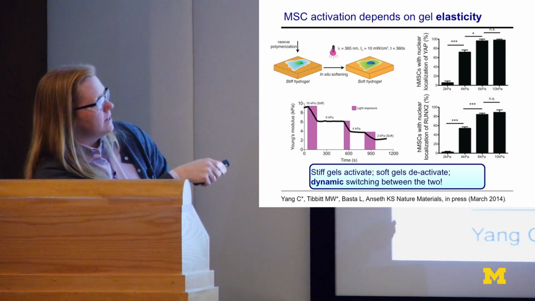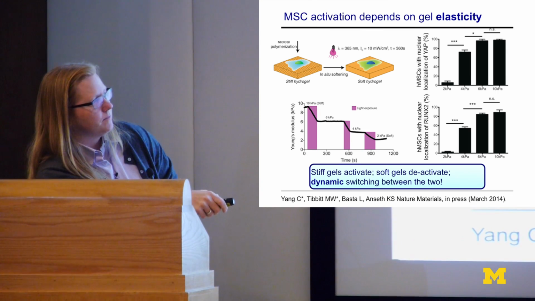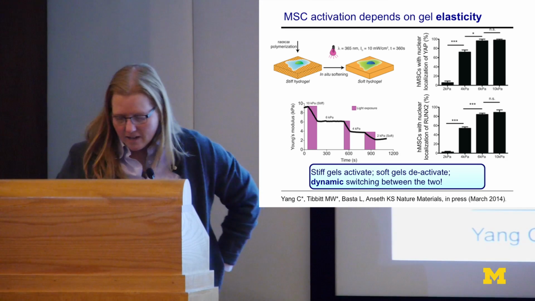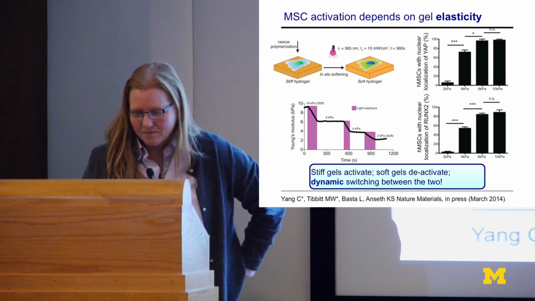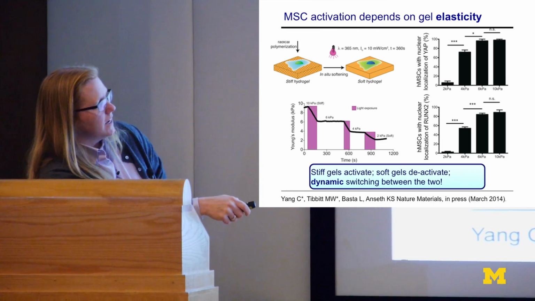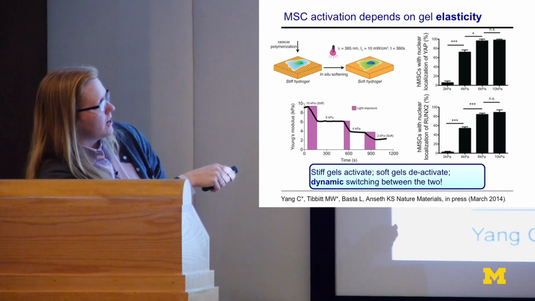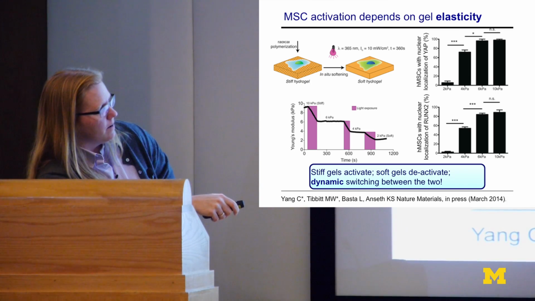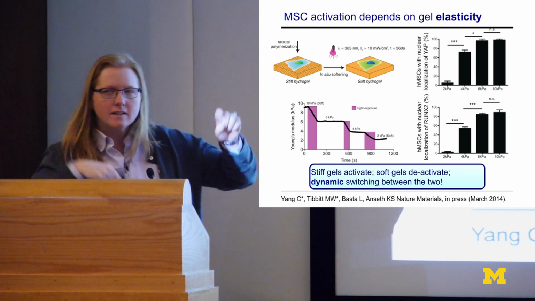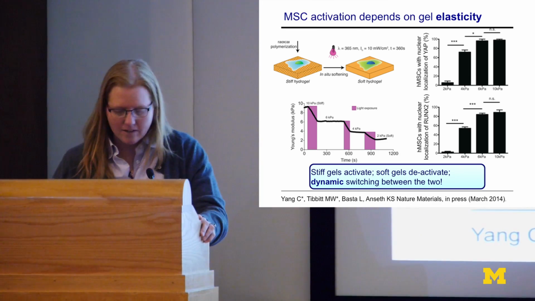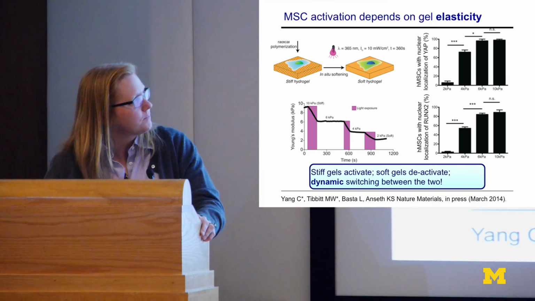And up here in this region, it's very high. So the interesting question is what happens if you seed cells in stiff environments and then soften them at different points in time? Can the cells switch between these activated and inactivated states?